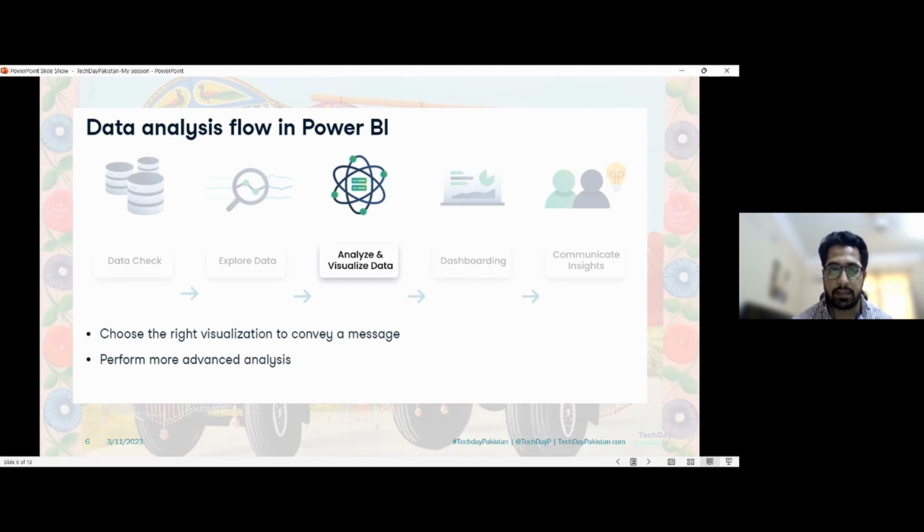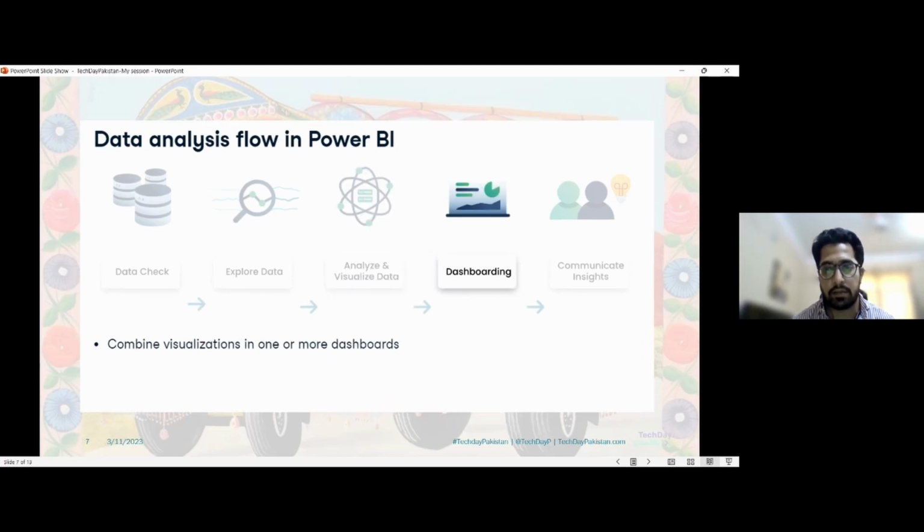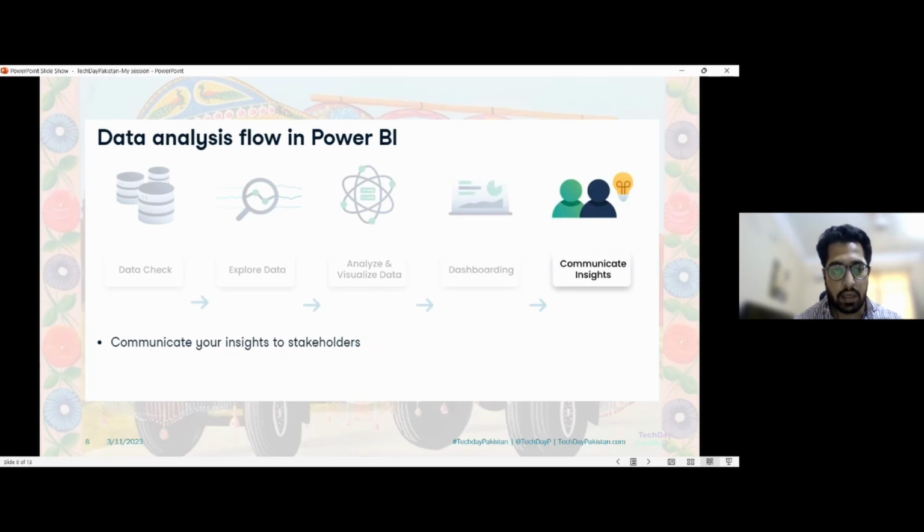Once that is done, you compile them in a dashboard that we could present to the top management, to share more details about how these analyses are communicating with each other, and how we can further develop on trends.